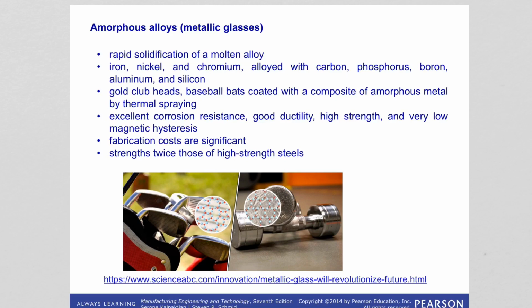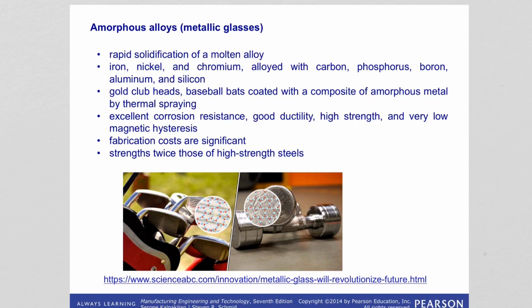So, amorphous alloys or metallic glasses. What does amorphous mean, if you remember? Amorphous means there is no long range order in the material. Atoms have a random arrangement. They are not arranged in an order. Such an atomic configuration is usually observed in glasses, right?